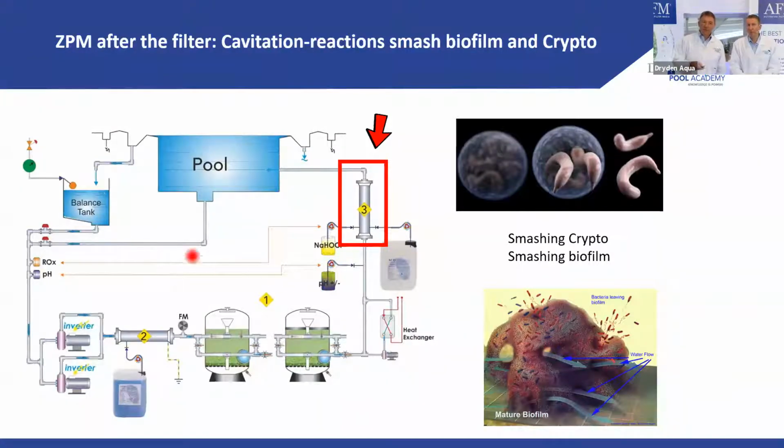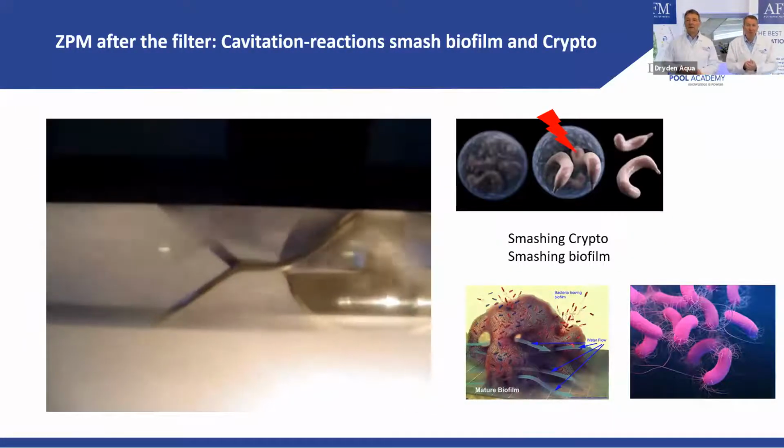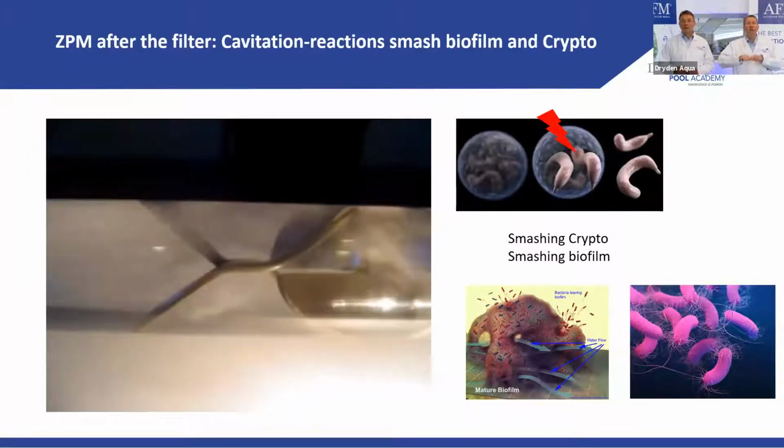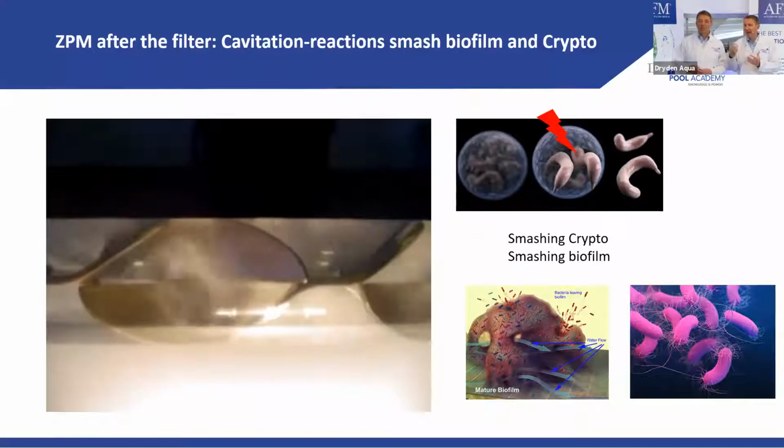So the first ZPM here, you use to improve coagulation, flocculation. But this one here, why do we use this? We use it for these cavitation reactions. When water flows through the ZPM, it actually smashes the cell membranes of crypto, for example. It also breaks up biofilm, so bacteria get out and can be oxidized.